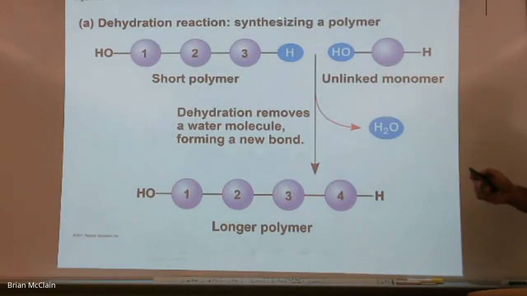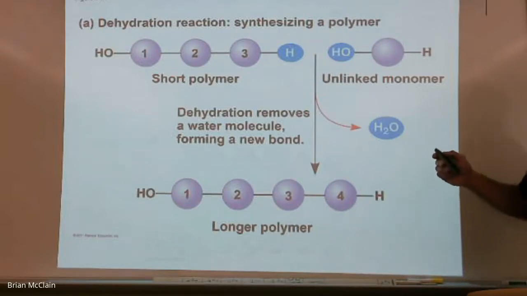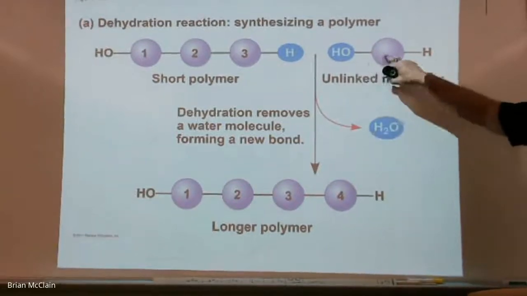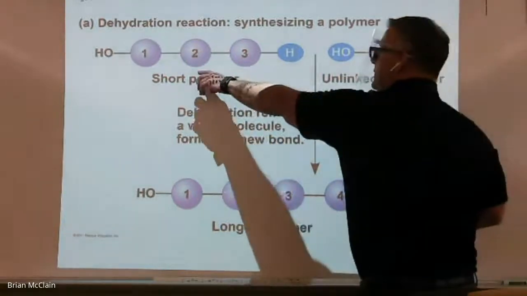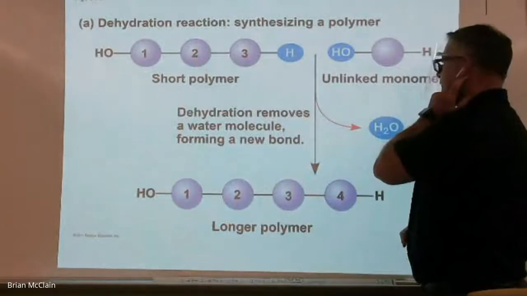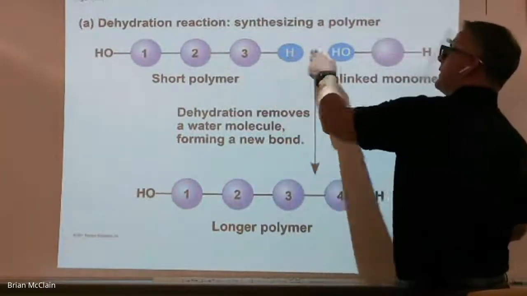So in the first one, we got the dehydration, and we're going to make a polymer by synthesizing a short polymer with another component. Here we have a short polymer, here's an unlinked monomer. So the idea is, in this scenario right here, and these are carbon chains, and we have a hydrogen sticking out at this end right here.